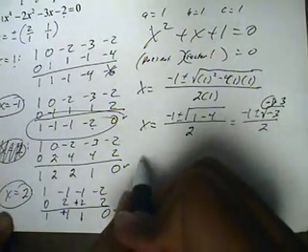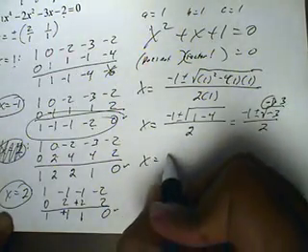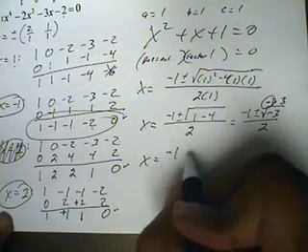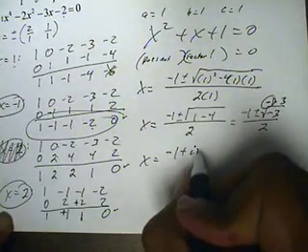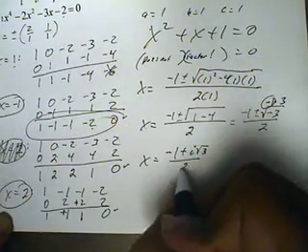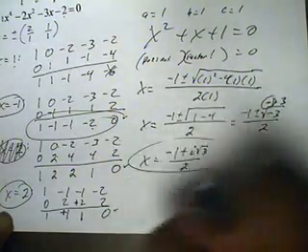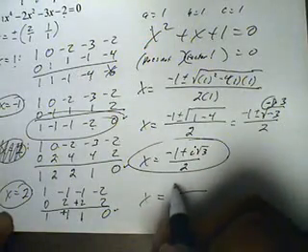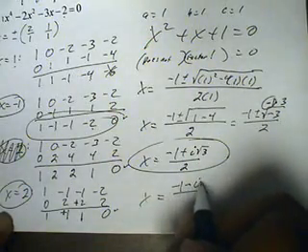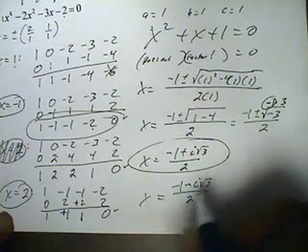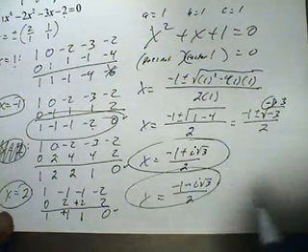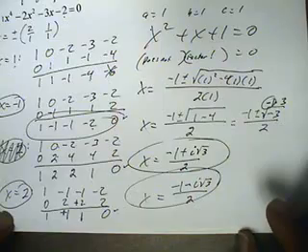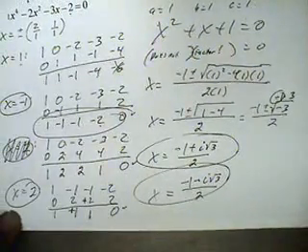And the negative 1 can be taken out as the letter i. So we have negative 1 plus i square root of 3, and that's all over 2. And that's my third answer. My fourth answer would be negative 1 subtract i square root of 3 all over 2. And that's my fourth answer. So, 4 solutions.